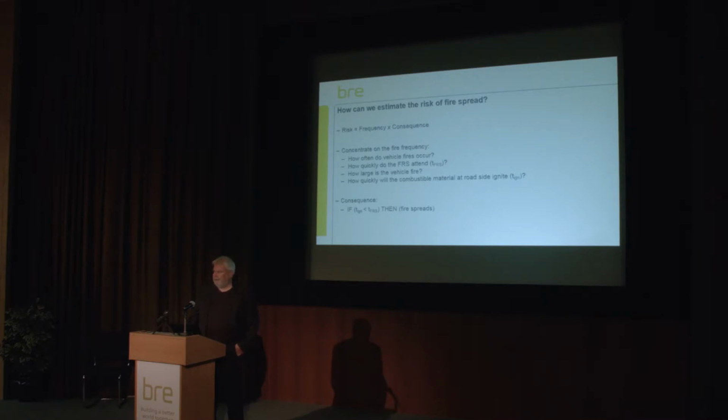Here we're really concentrating on the fire frequency, so we need to ask how often do vehicle fires occur, then how quickly can the fire and rescue services attend, how large will the fire size be when they get there, and how quickly the combustible material will ignite, given the size of the fire and the incident radiation upon it.